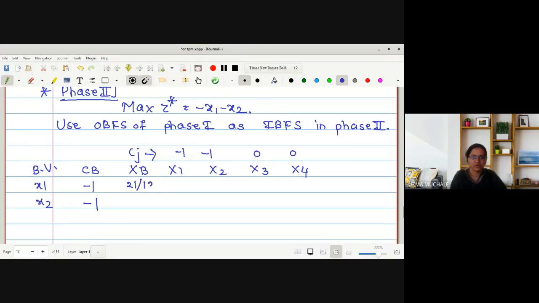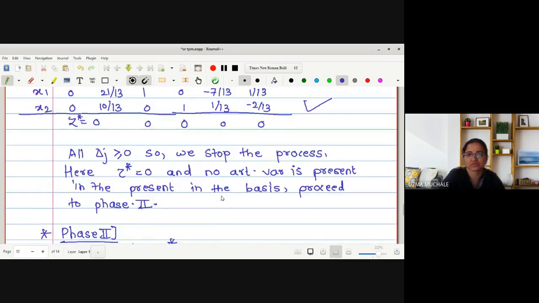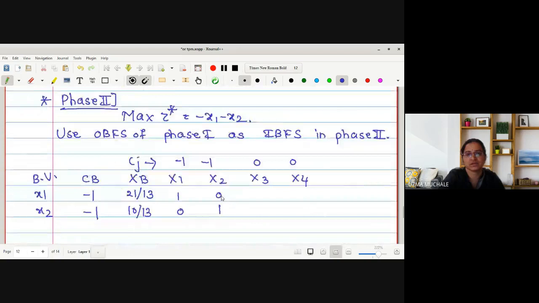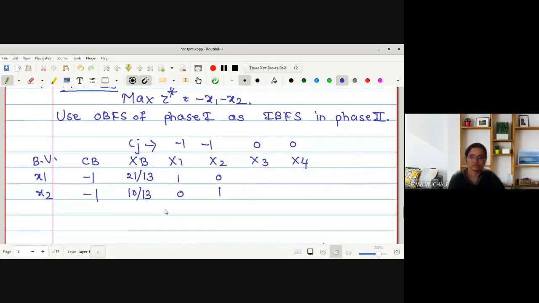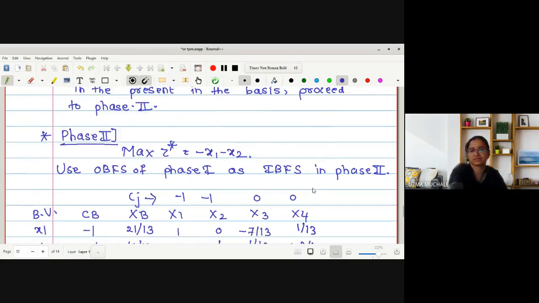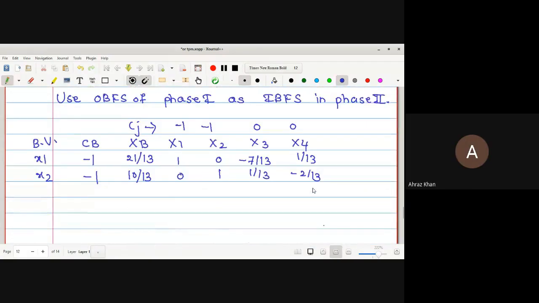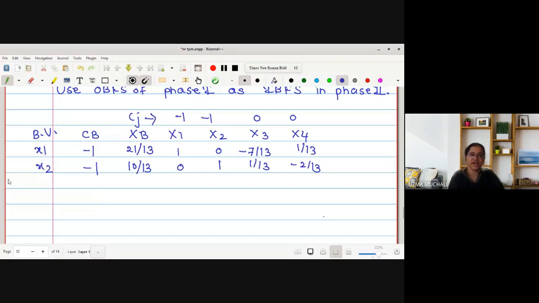If I am not wrong, this is 21 by 13 and 10 by 13, 1, 0, 0, 1. Let us check. Yes. And this is minus 7 by 13, 1 by 13. I think x4 is 1 by 13 and minus 2 by 13. Yes, ma'am. Now we calculate Z and CJ values again.